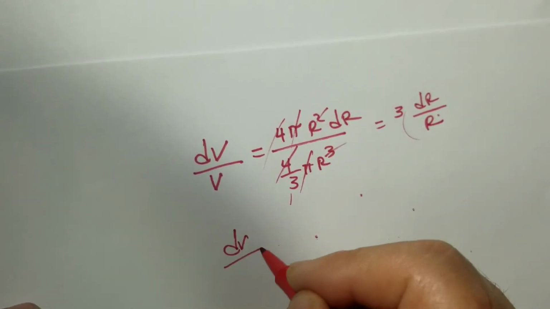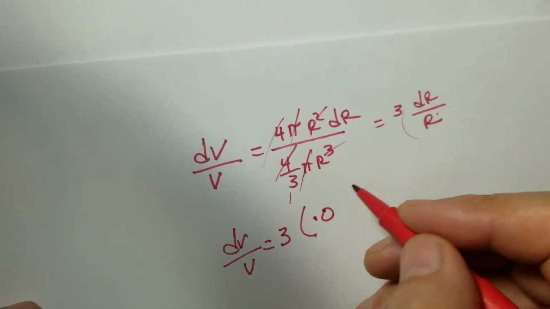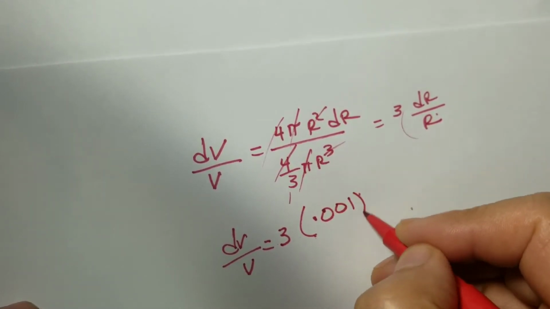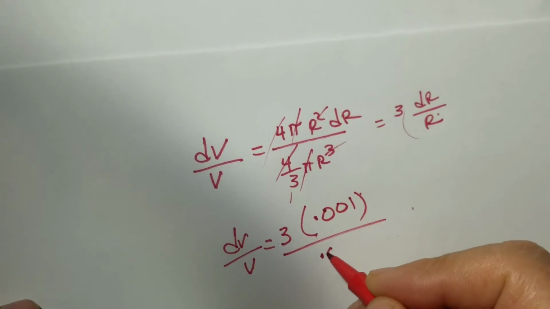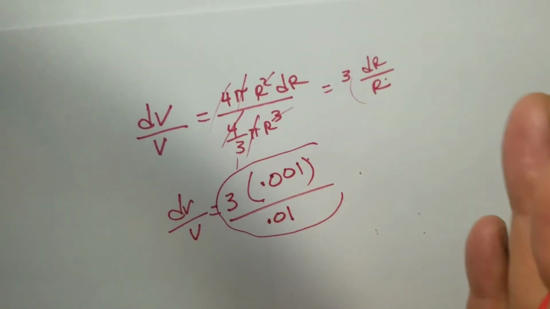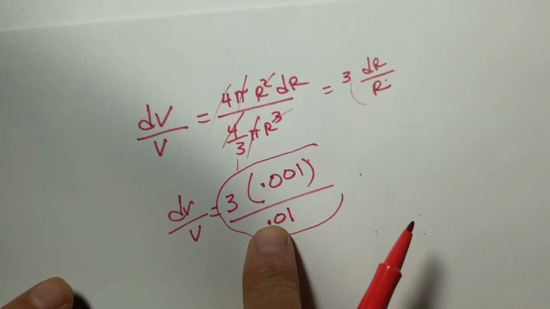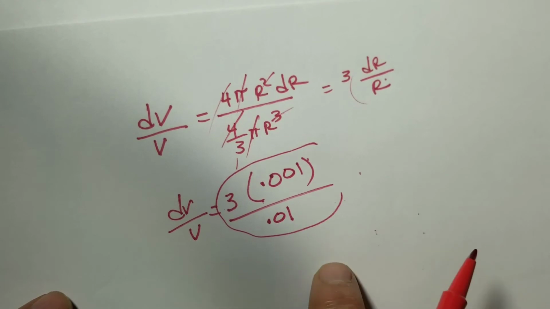And what was dV over V? It was 3 times 0.001 over 0.01. That was the relative change, the change in volume between the exact and the one you either overestimate or underestimate.